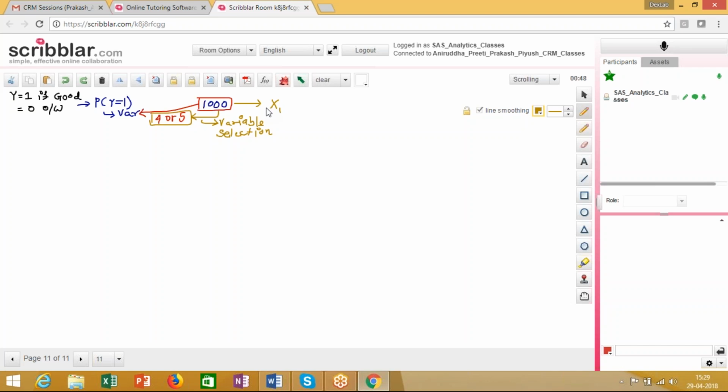Why? When do you think I should choose x1? What are the characteristics that x1 should satisfy for me to choose x1 as an independent variable?